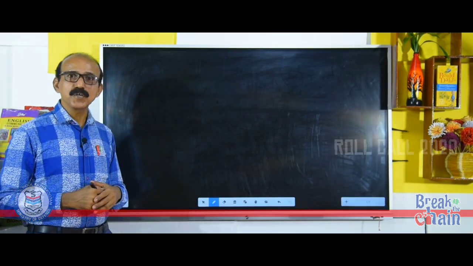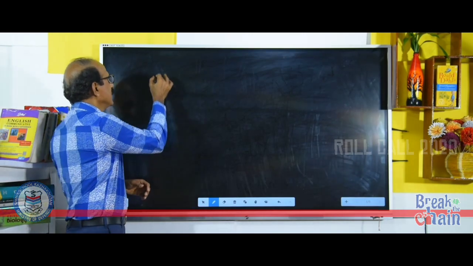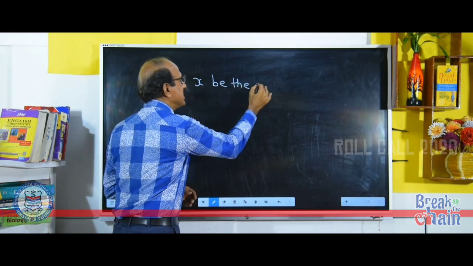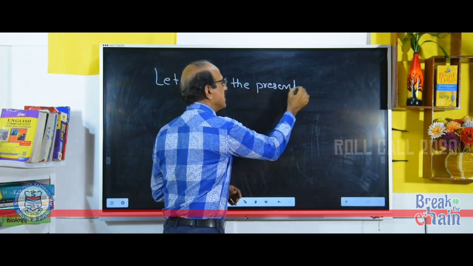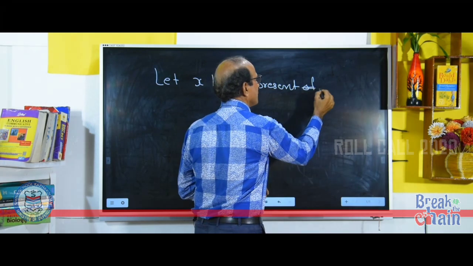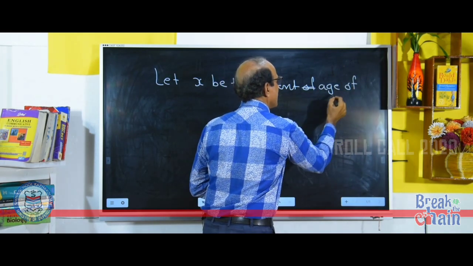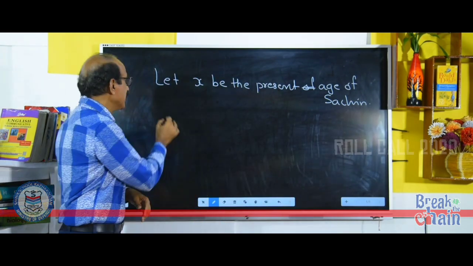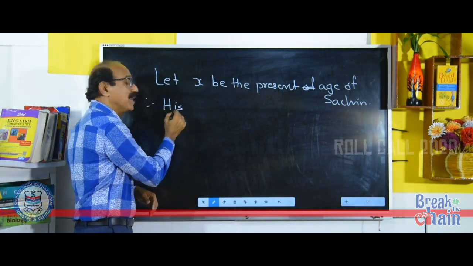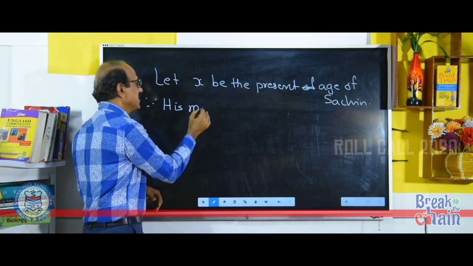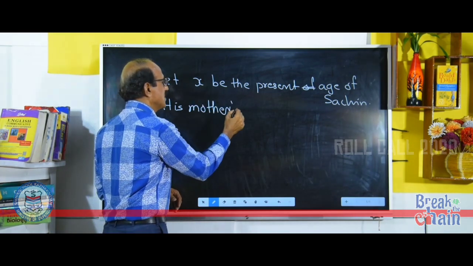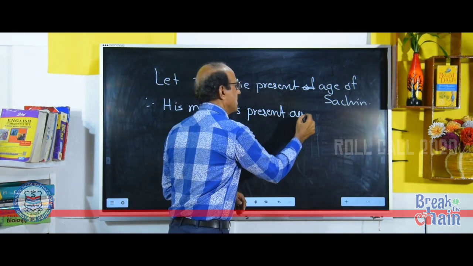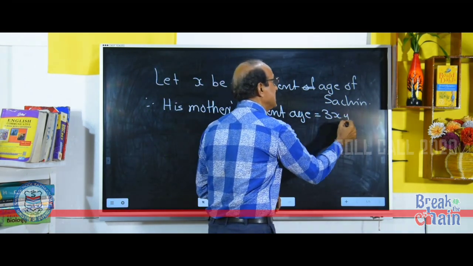To find the solution of this question, let x be the present age of Sachin. Therefore, his mother's present age equals 3x years.